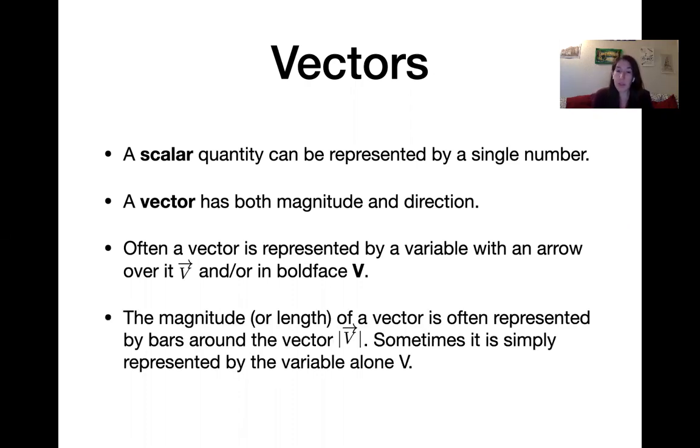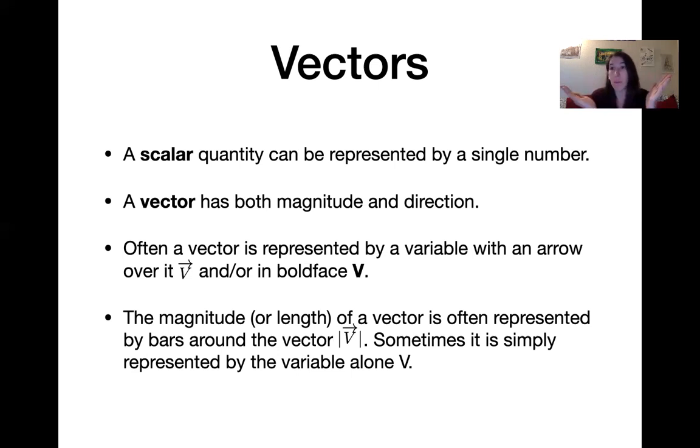The magnitude or length of a vector is often represented by bars around the vector, like absolute value bars. And sometimes it's only represented by the variable alone. So if our vector was v here, then we could represent the length of the vector either with those absolute value bars or by simply writing the letter v, and then that's telling you it's no longer a vector, it's just a scalar, and the magnitude of a vector is indeed just a scalar.